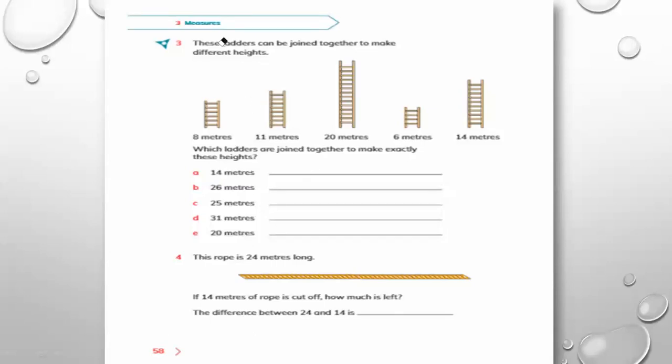So we will say 8 meters plus 6 meters. 8 plus 6 equals 14 meters.